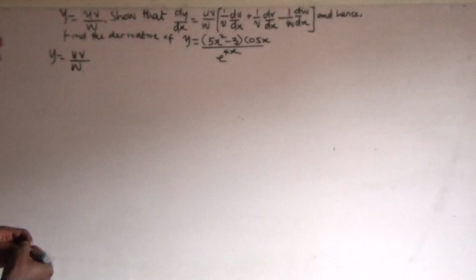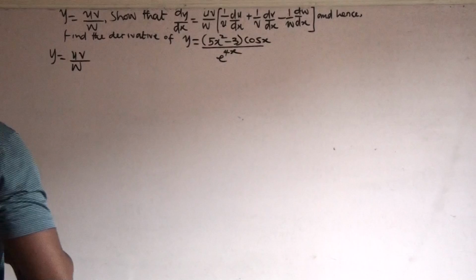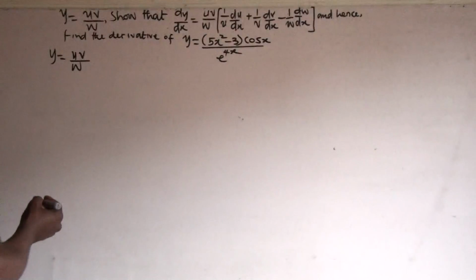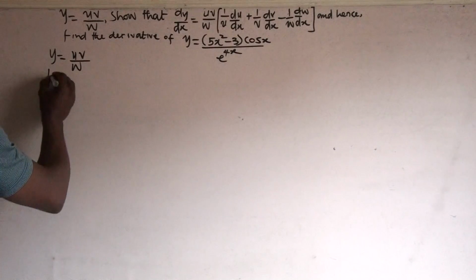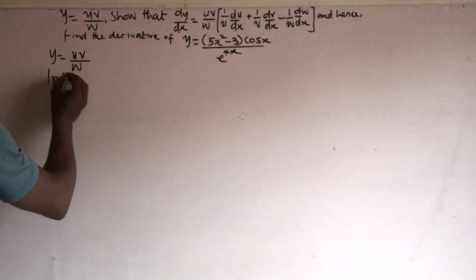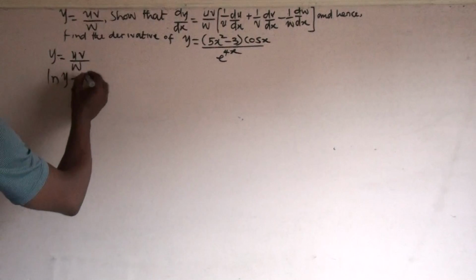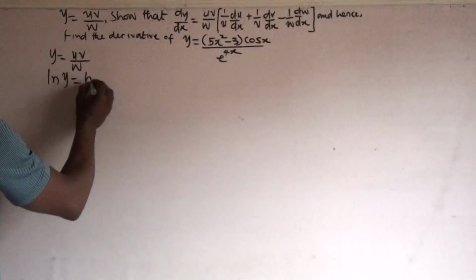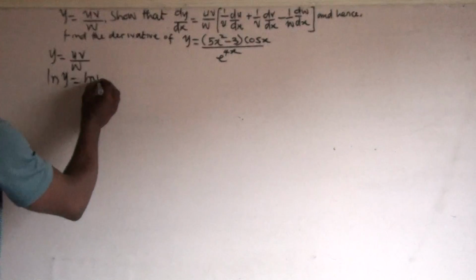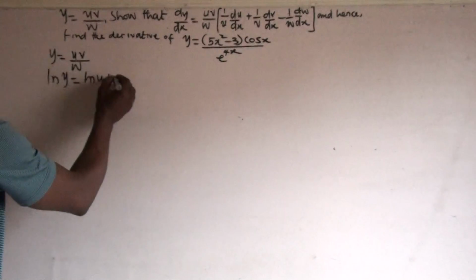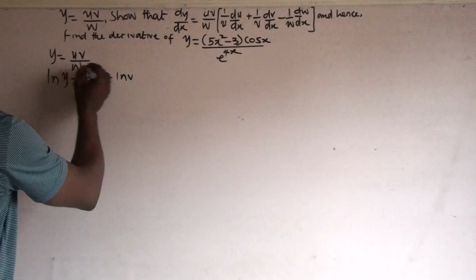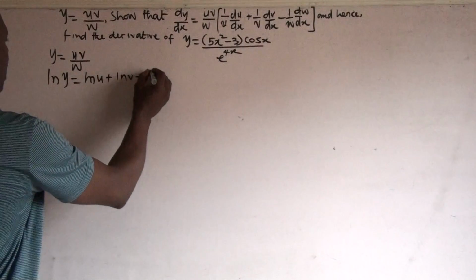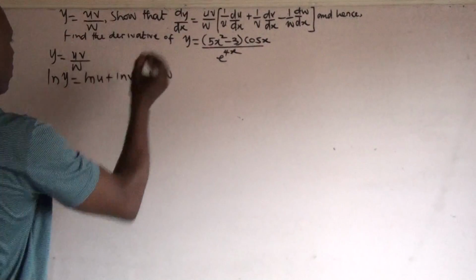For applying logarithm here, we also know that we need to understand the laws. So we say ln y is equal to, applying it to this side, ln u, because this is product, it becomes addition, and ln v, and this is division, it becomes subtraction, ln w.